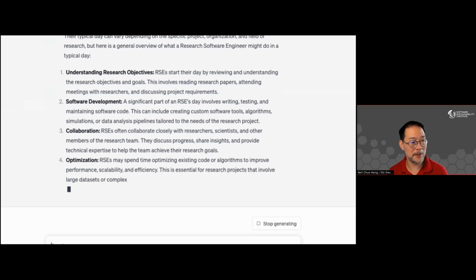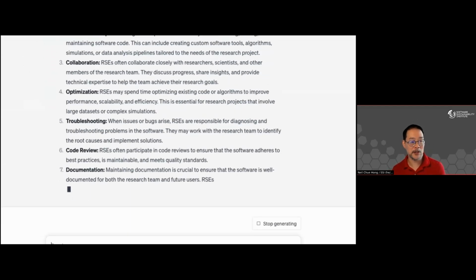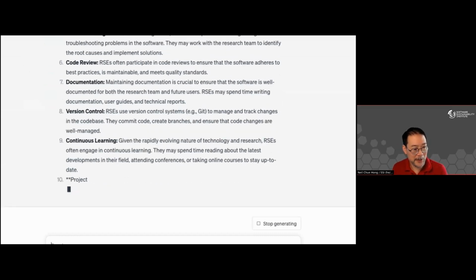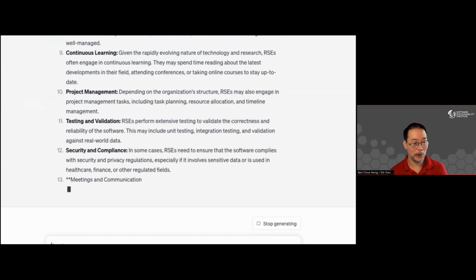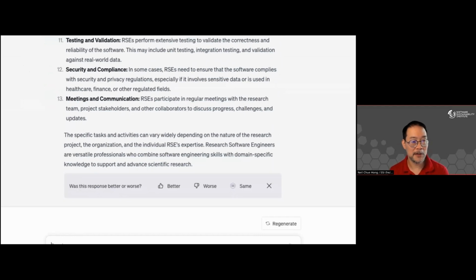It's about understanding research objectives, developing software, collaboration, optimization, code review, documentation, version control, continuous learning, all of these different things that are part of what many of you will recognize from your day-to-day life. But is this actually who we are? Is it really representative of what a research software engineer does? Is it really representative of what we as a research software engineering community want to be seen to do? So where is the human in the loop here?